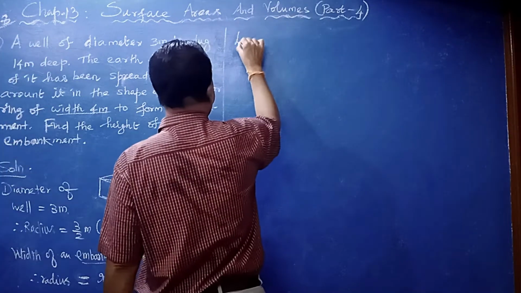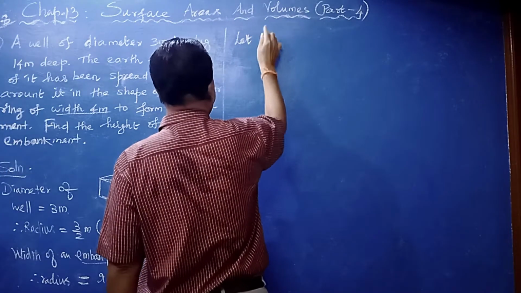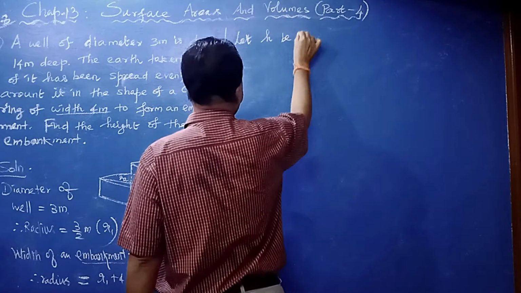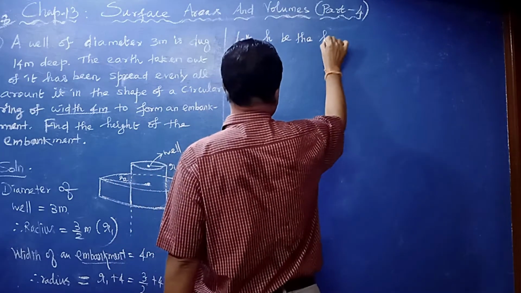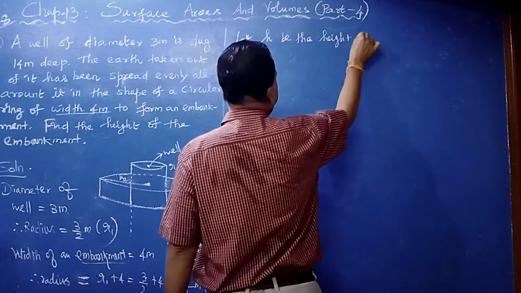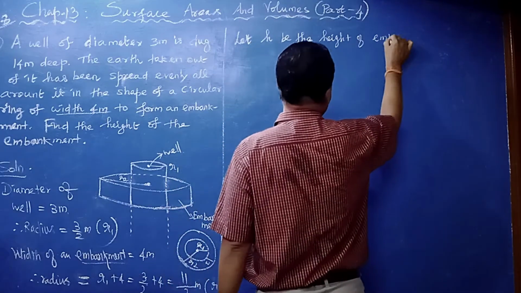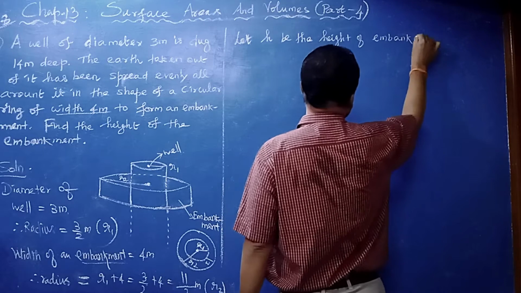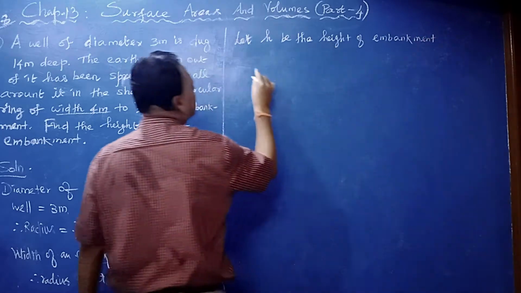Therefore, H is the height of the embankment.